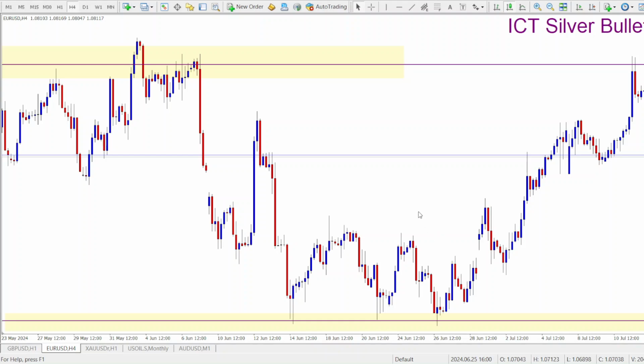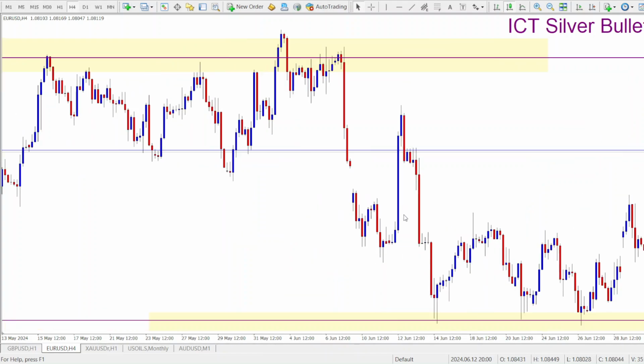Now once we have identified these levels, we want to watch for a particular candlestick pattern: a strong rejection or a wick that taps into our marked level. For example, we can see that there was a bearish candlestick pattern here within this level, so that would have been a good sign to enter a sell.